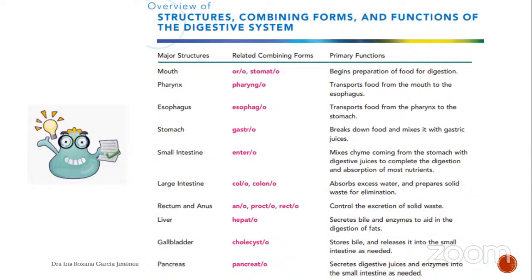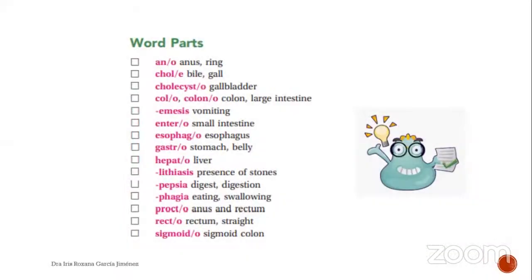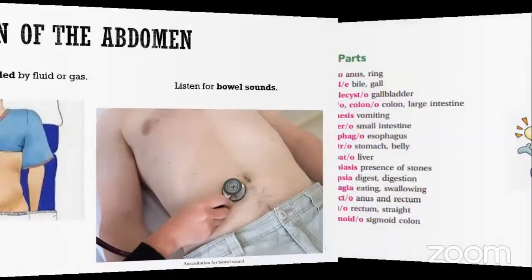Okay, read the primary functions, please. And again, check the word parts, considering the 3 details: word part, prefix, and suffix. You know how to identify each one.